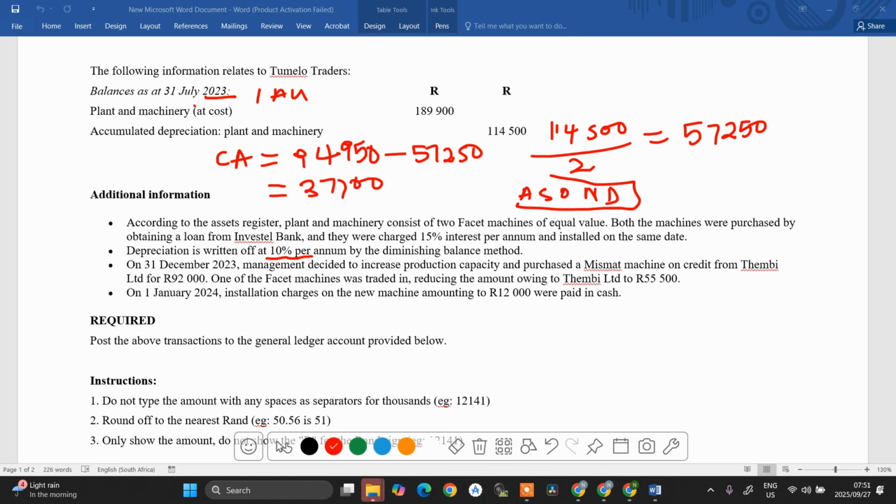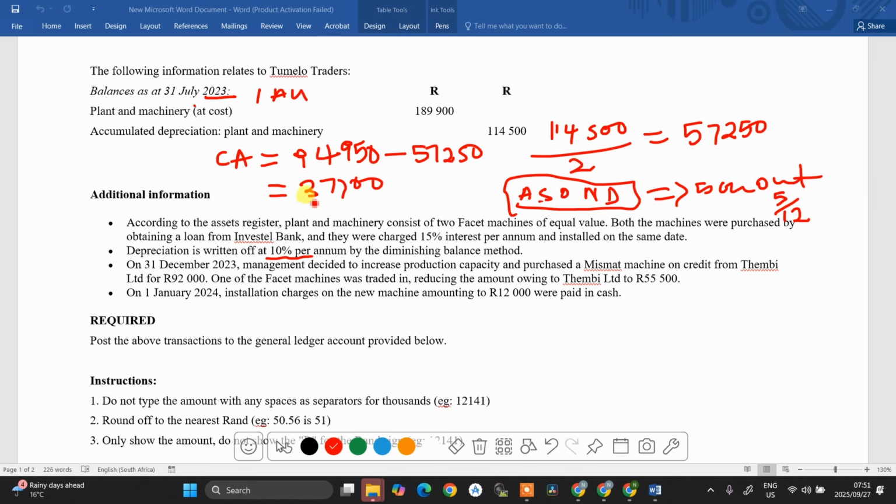And this is going to be, okay, equals to 5 months. Okay, 5 months. So this is going to give us the fraction that we are going to use to get the actual depreciation for the period for which the item was used.